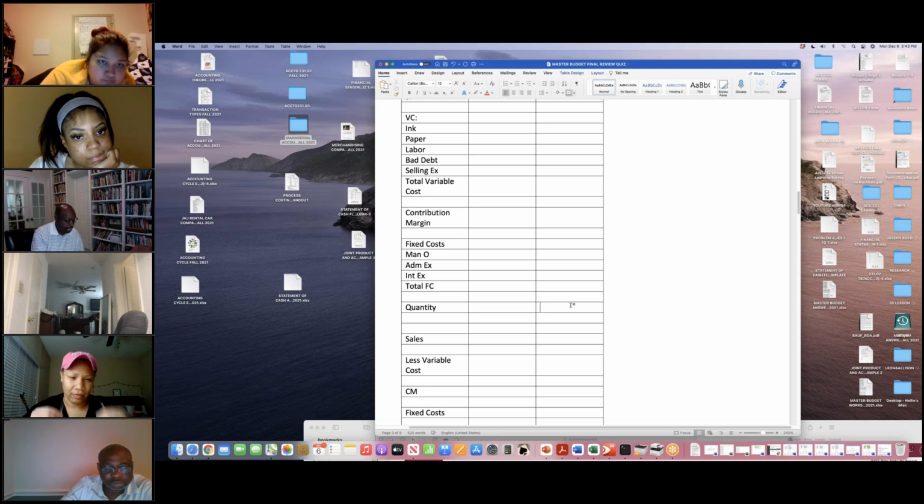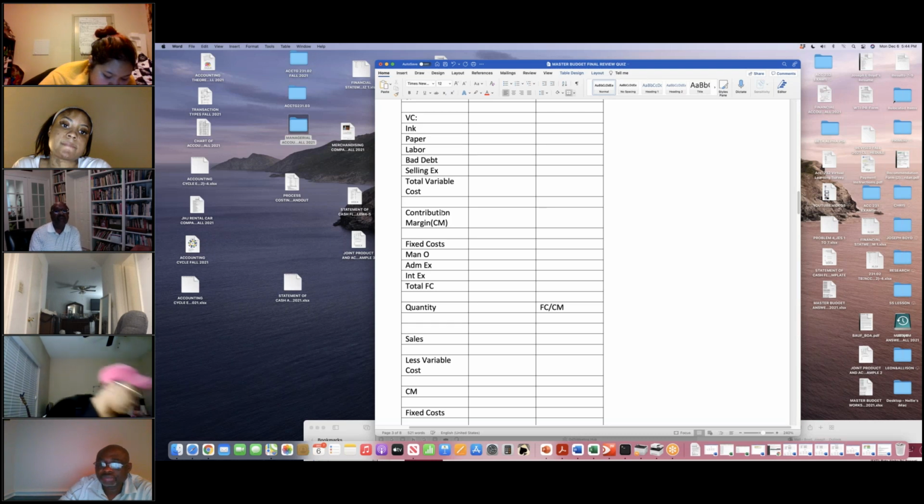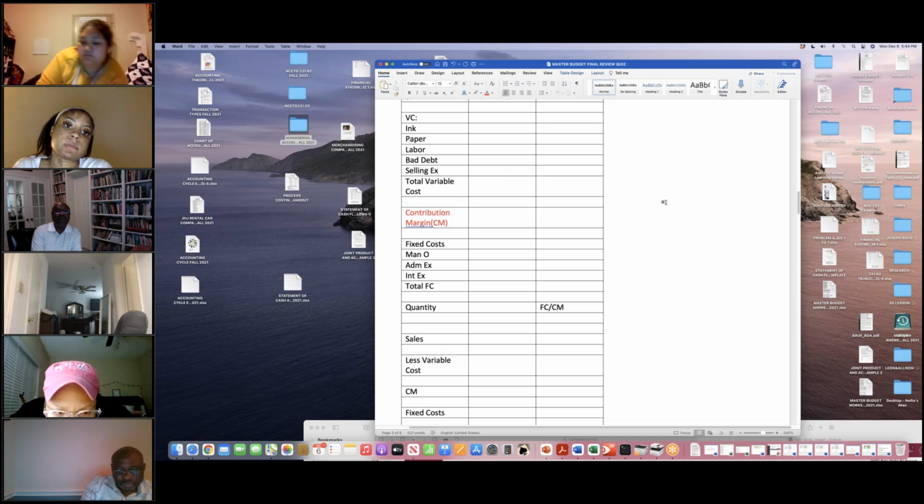We take the fixed cost and we divide it by the CM, the contribution margin. Are there any questions on anything that I've said?